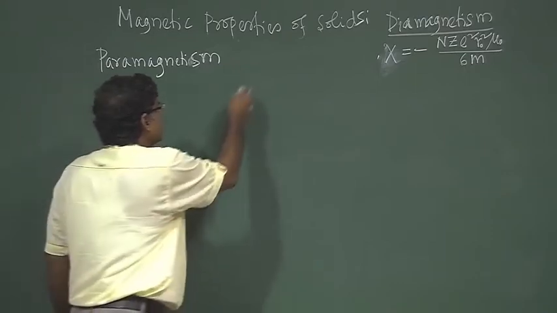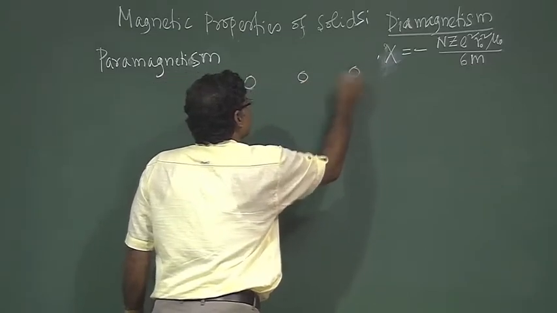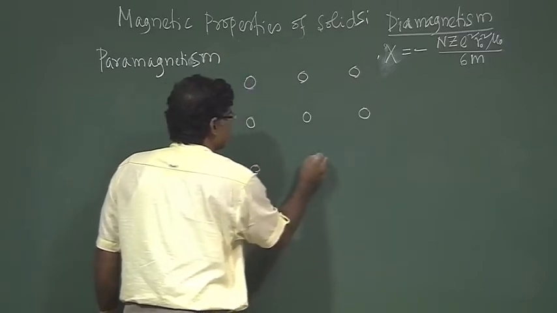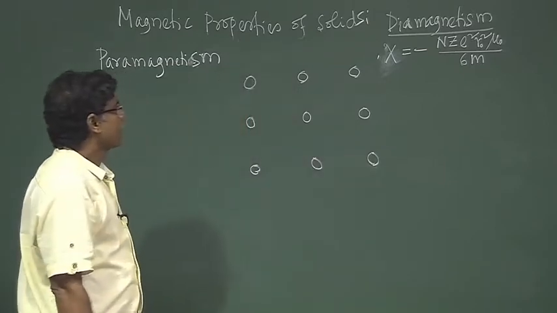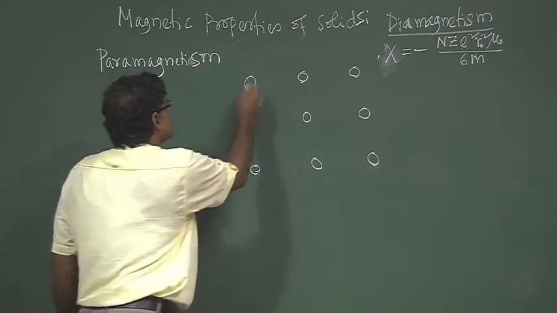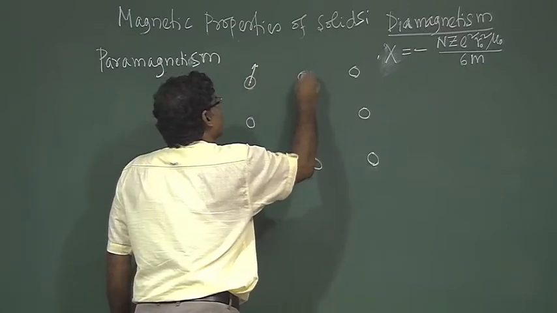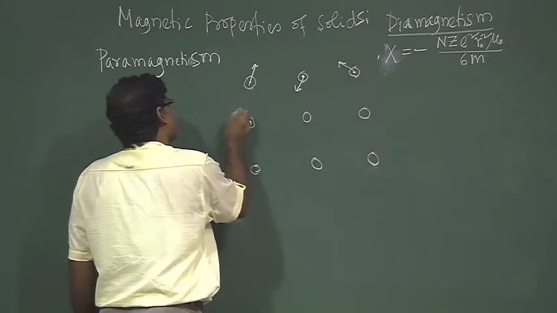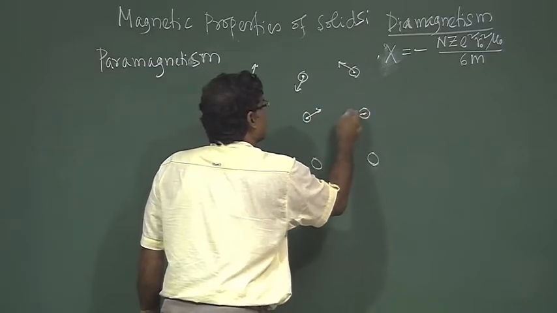Obviously, these solids have atoms sitting on a lattice. Each atom has a dipole moment, and they are randomly oriented.